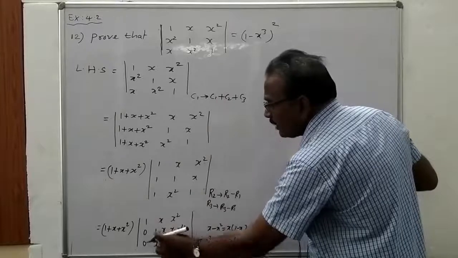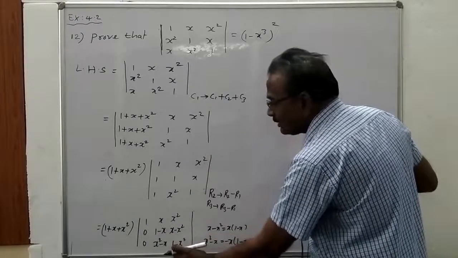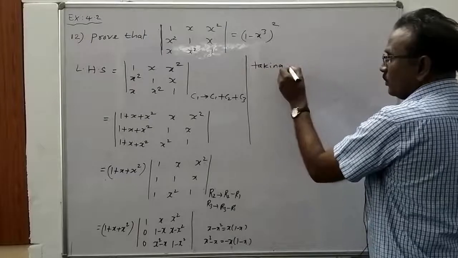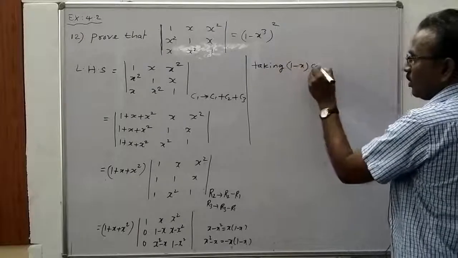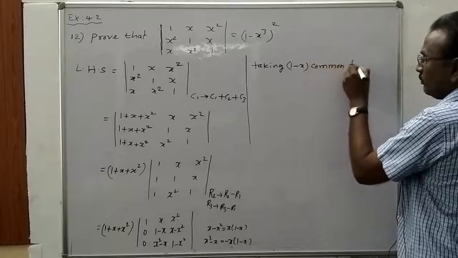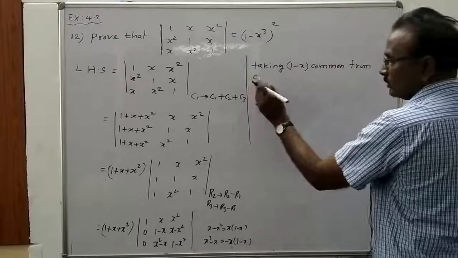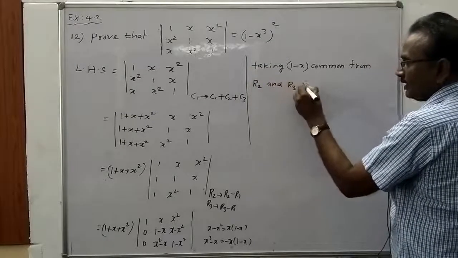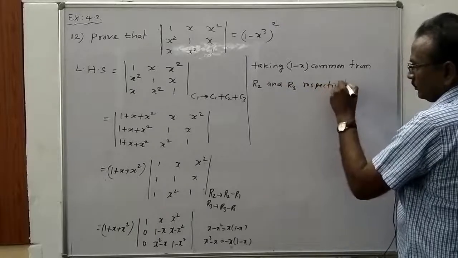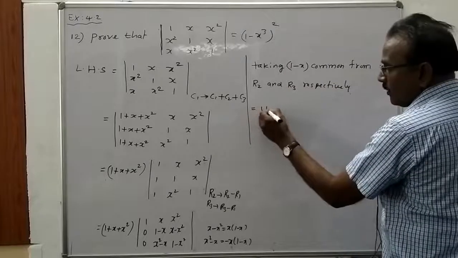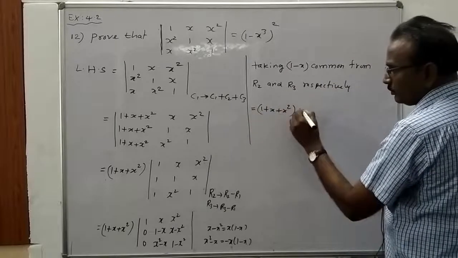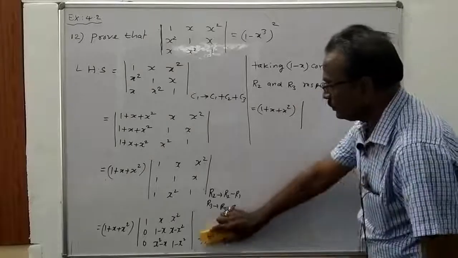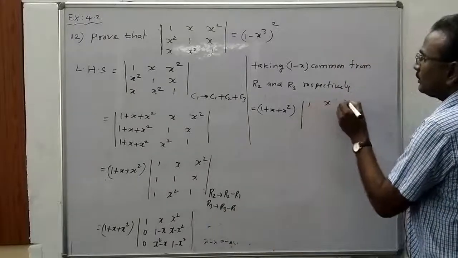In the second row 1 minus x is common. In the third row again 1 minus x is common. You are taking 1 minus x common from R2 and R3 respectively. So therefore that becomes 1 plus x square into determinant of your first row same, 1 x square.